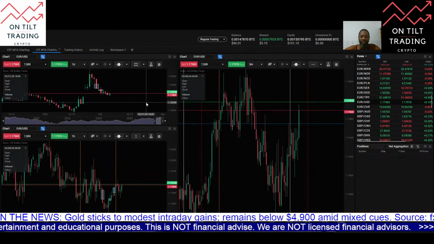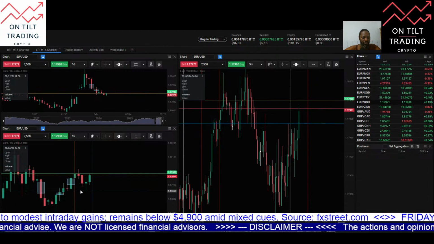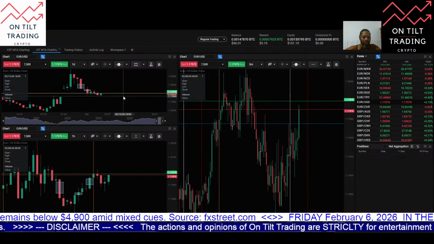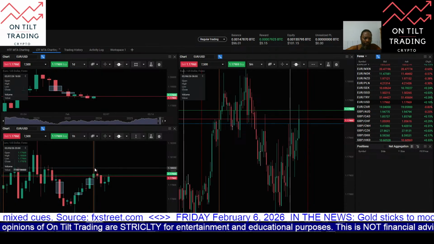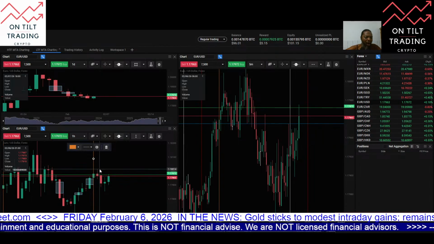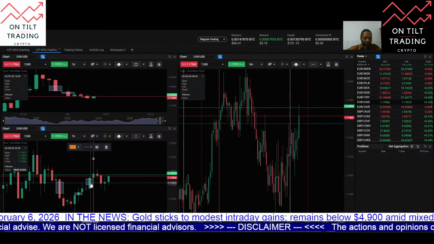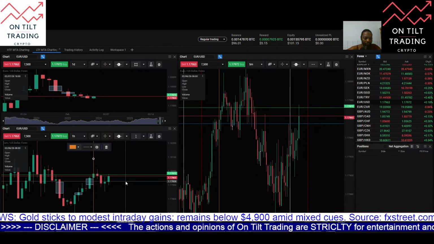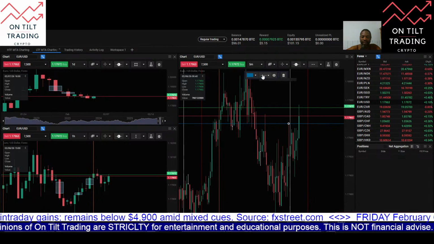I'll check these other pairs, and now euro dollar is starting to show some short signals. But I don't think that it is ready yet, based on the hourly chart.